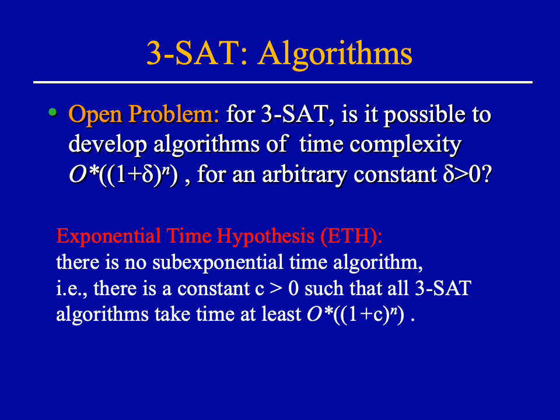There's also a recent conjecture called the exponential time hypothesis, ETH. This says that there's no way you can have algorithms for three set whose complexity is 1 plus delta to the n for arbitrarily small delta.